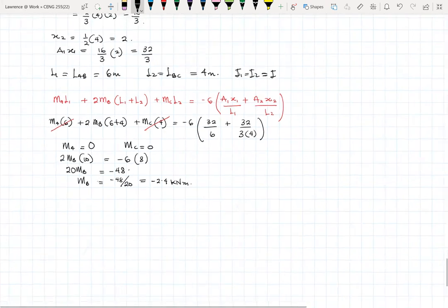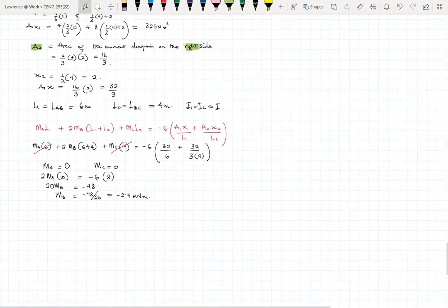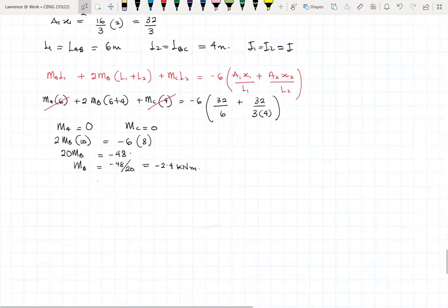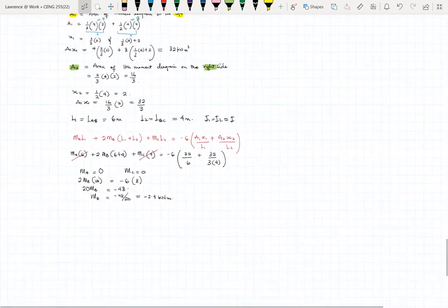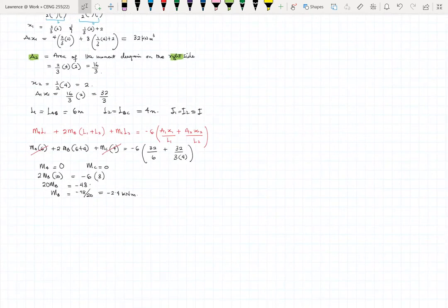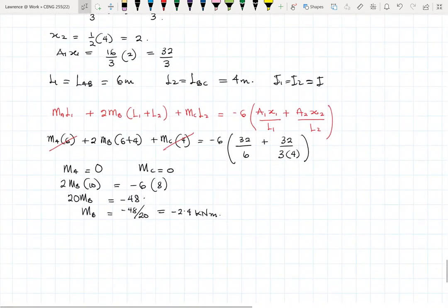Okay, but that is one part of the solution. We found the redundant moment, so we found MA and MC are 0, and we've also found MB. But we need to draw the shear force and bending moment diagrams. Maybe I should put here step 3.